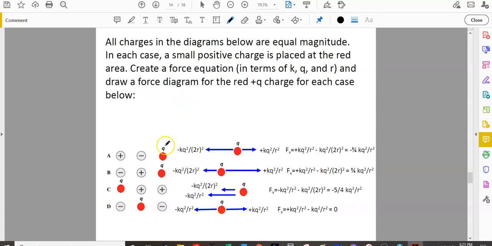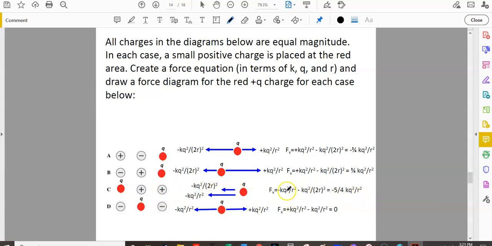Well, on the next page I've drawn the force diagrams on each one of these, and I've even labeled the forces for you. Then I've summed the forces and given you those charges. Notice in C, this red charge is being pushed to the left greatly by this middle charge, and a little bit weakly by this other charge.